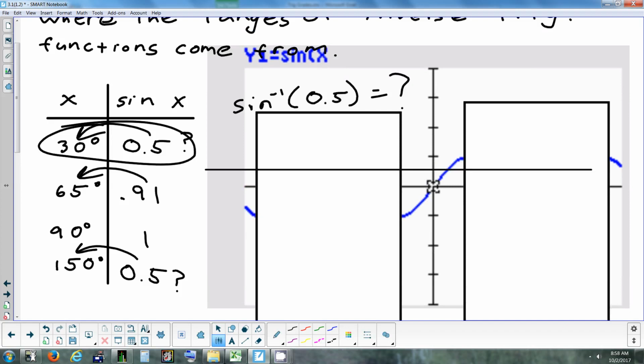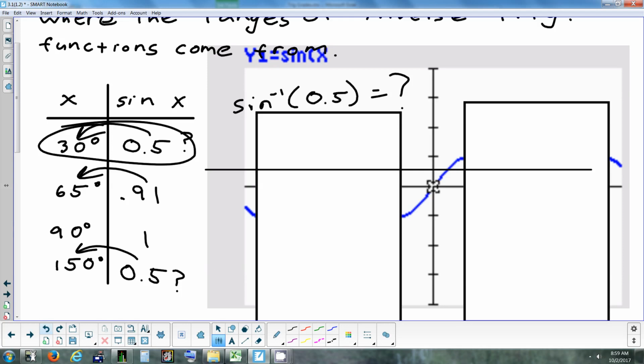The one that's at 150, it's somewhere over there, it comes back down, but we're going to ignore that answer. All right, so any question on why we need to stick between 2 numbers, or specifically why we're going to do it between negative 90 and 90? Do you think negative 90 to 90 is the only way to do it? What do you think, Ryan?